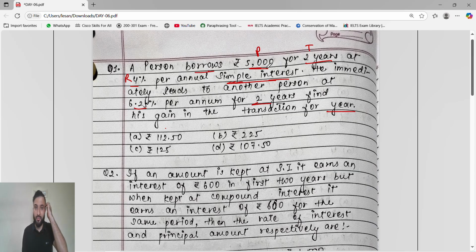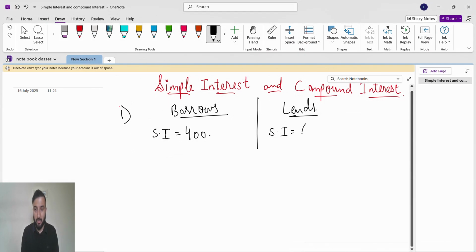The same formula, P into R into T by 100: principal 5,000 into rate 6.25 into time 2 years divided by 100. You will get 625.